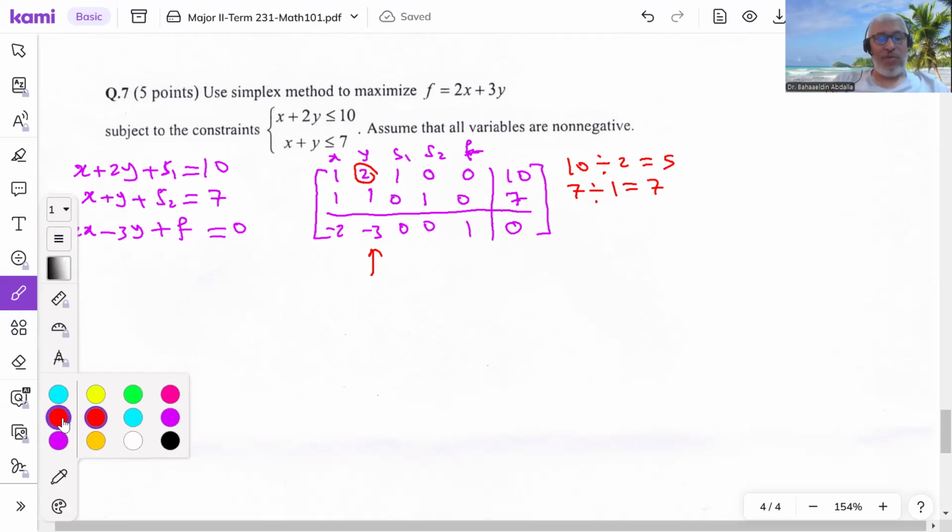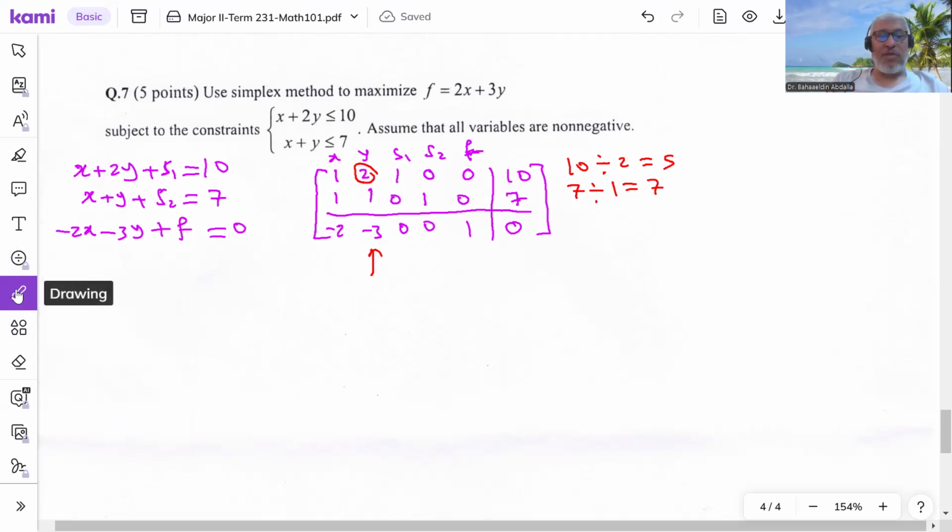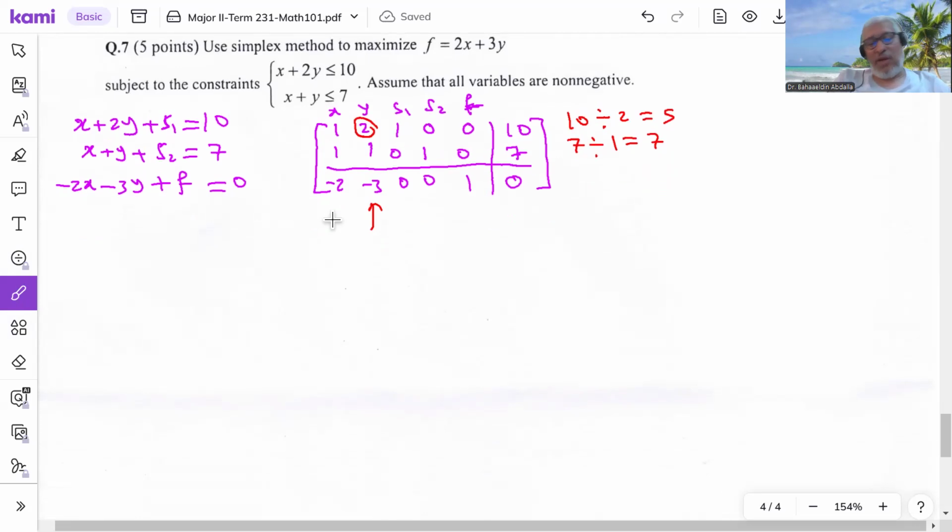So what should I do with the pivot entry? I should change it to 1. How can I do that? I will divide row 1 by 2. There is no interchanging row 1 with row 2.